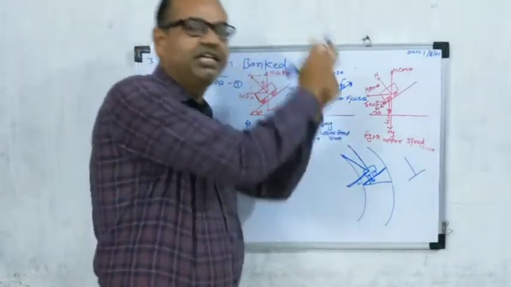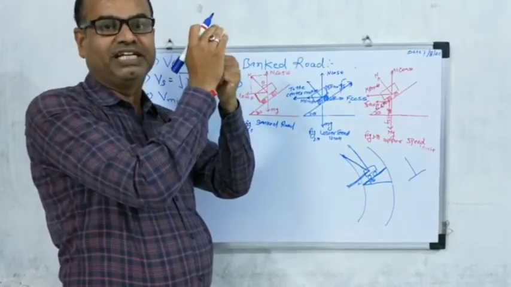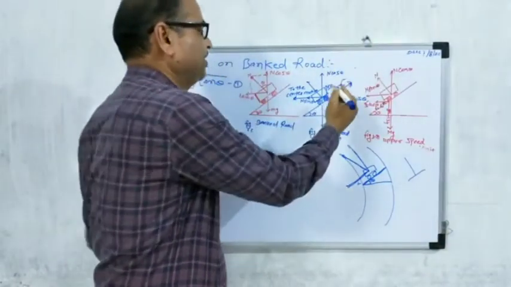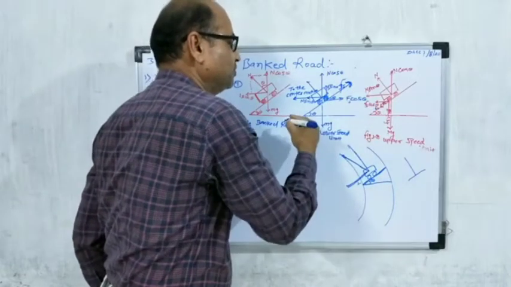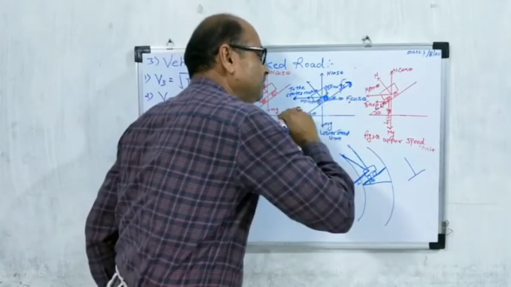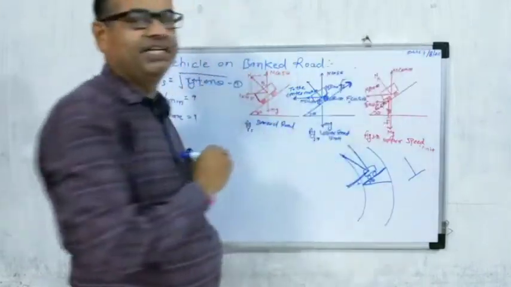So the frictional force is provided in the upward direction on the car.